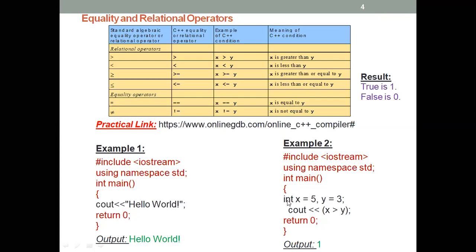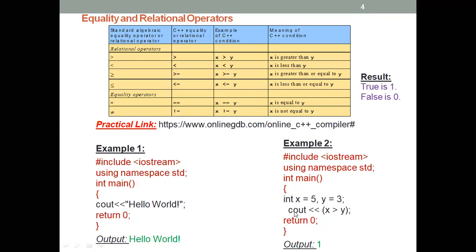These are int, integer, because their values are 5 and 3. There are three types we usually declare: integer, float, and character. But at this stage we just go for integer, because 5 is an integer. So the value of x is 5, the value of y is 3.